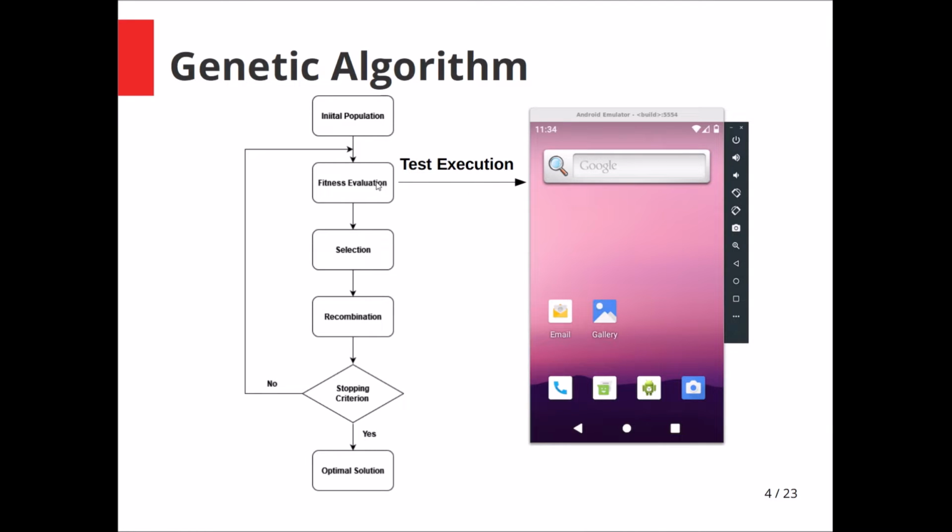Then we can derive the fitness value, perform selection, crossover and mutation. This process is repeated until a stopping criterion is met and the optimal solution is returned as a result.